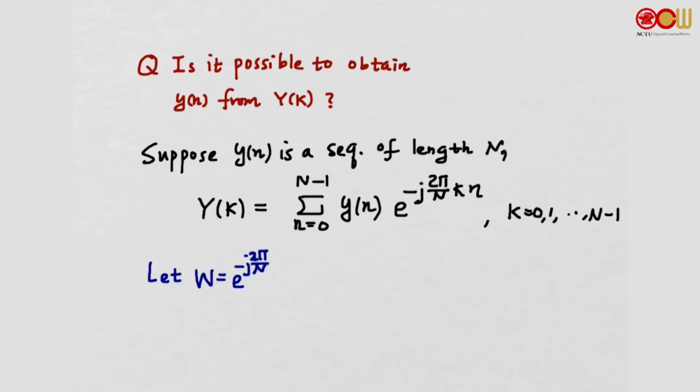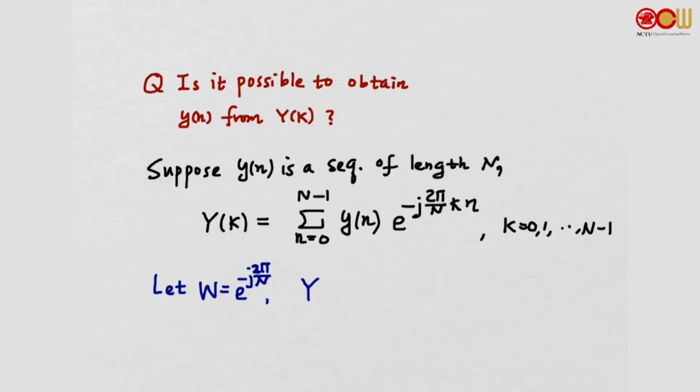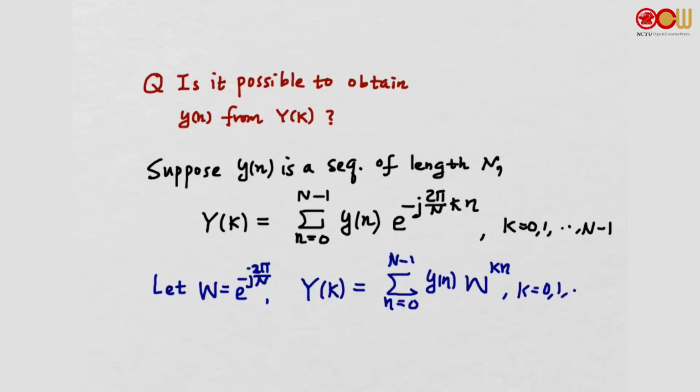With this new notation, we can simplify the equation for the DFT. This becomes the sum from n equals 0 to N minus 1 of y[n] W^(kn), because the minus 2π/N is now in W. And again, k goes from 0, 1 to N minus 1.